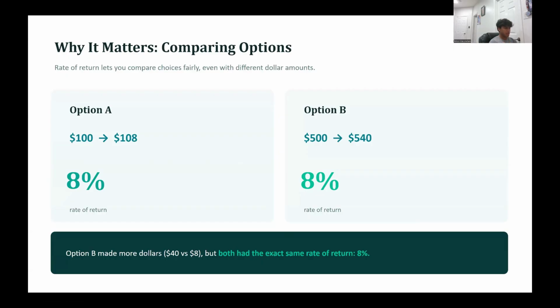That's $40 profit. Option B made way more actual dollars, $40 versus $8. But if you calculate the rate of return for both, they're both exactly 8%. Same performance, just different amounts of money. Rate of return lets you see actual growth without comparing raw numbers. We're looking at percent in this scenario.